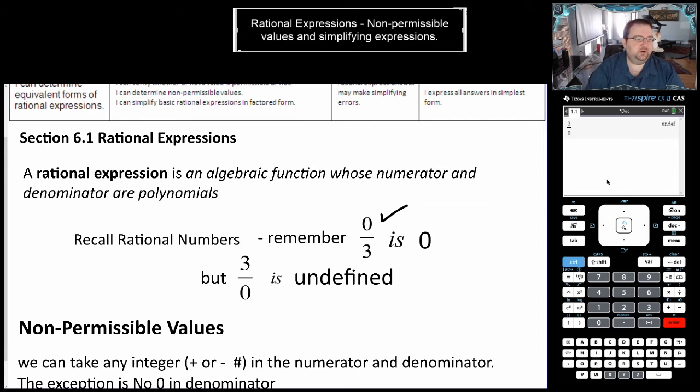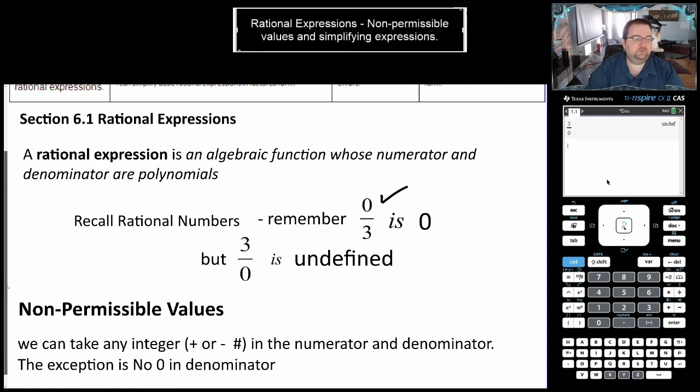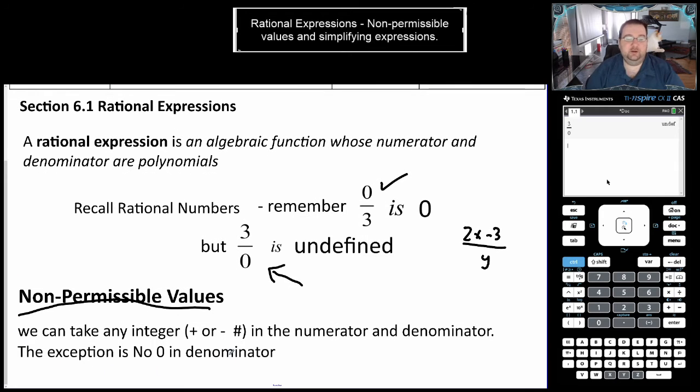So rational expressions, remember, are going to be algebraic functions whose numerator and denominator are polynomials. So something like 2x minus 3 over y. And in this case, we know that you can't have a denominator of 0. So this is where we're going to start to get our non-permissible values, where your denominator cannot be 0.